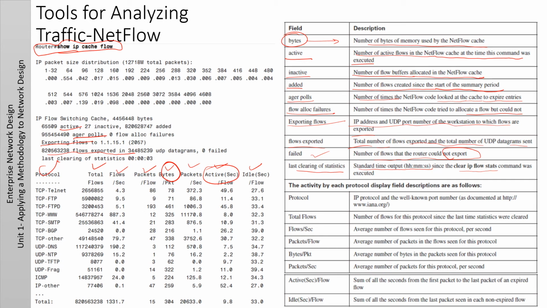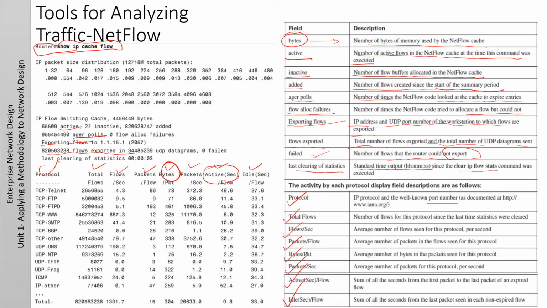Activity by each protocol display field description is: protocol, total flows, flows per second, packets per flow, bytes per packet, packets per second, active seconds per flow, and idle seconds per flow. So protocol may be TCP, IDP, UDP, whatever protocol is associated with a particular port number.